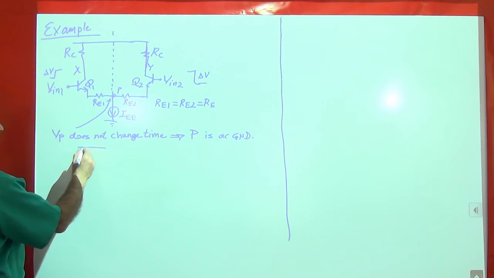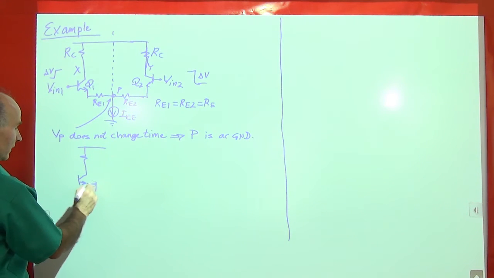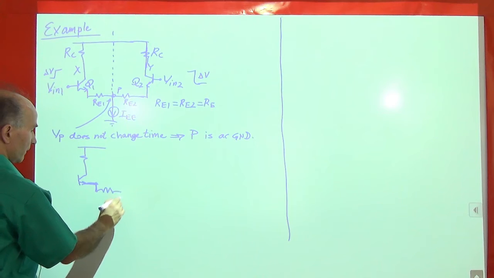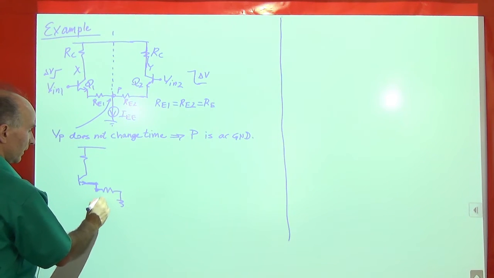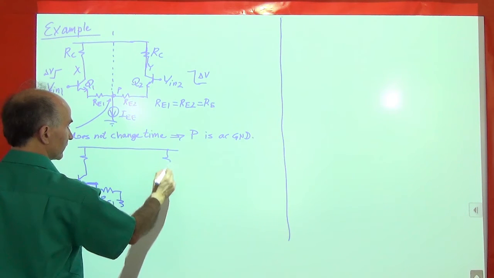Okay, so if this is AC grounded, I can draw two separate half circuits now, right? So one circuit looks like this. We have a degeneration resistor going to ground, RE1, and the other one is on this side, RE2.